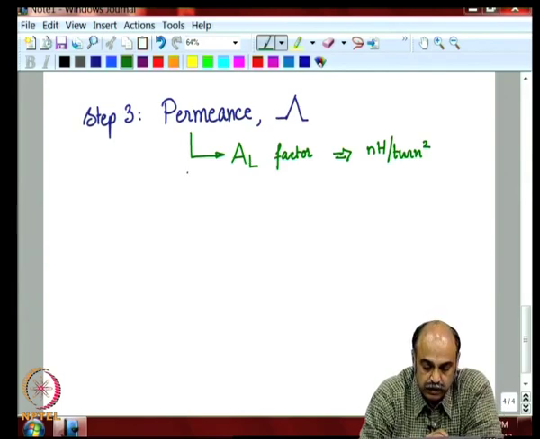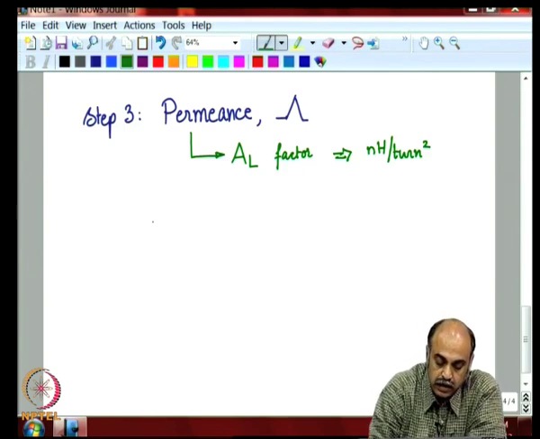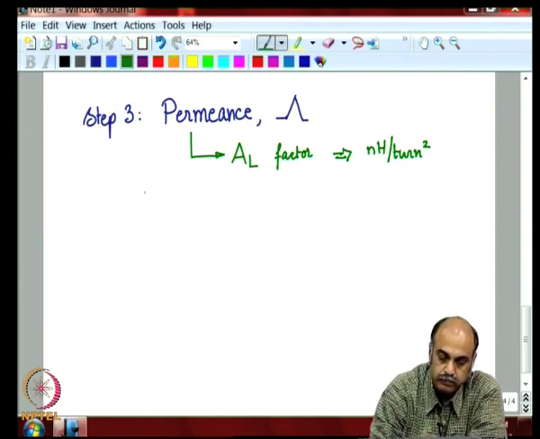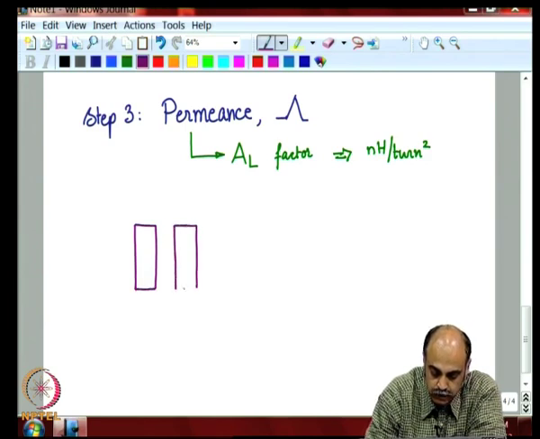If this is not available and you are using a regular transformer core, and to the regular transformer core you are applying an air gap, then you need to do some calculations. Now, let me draw an EE core like this.